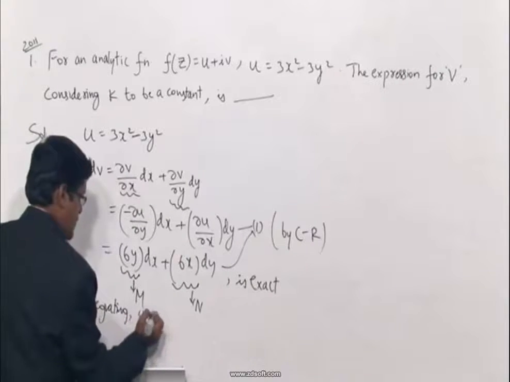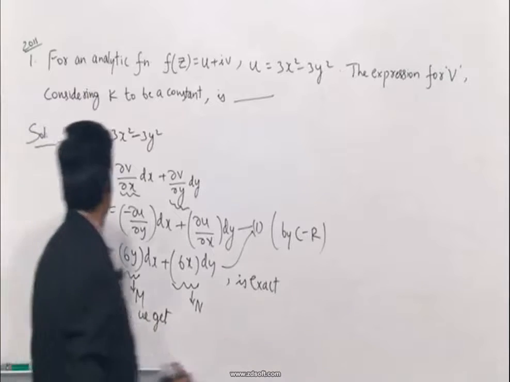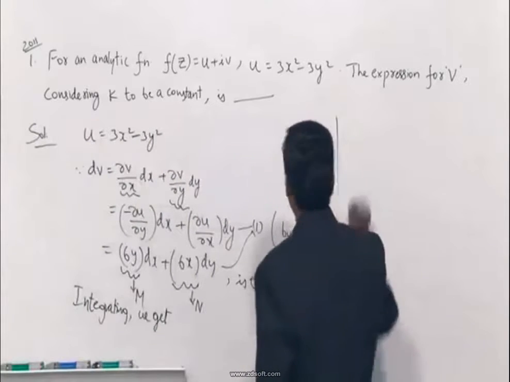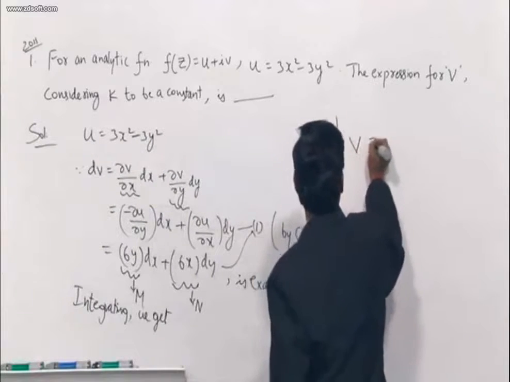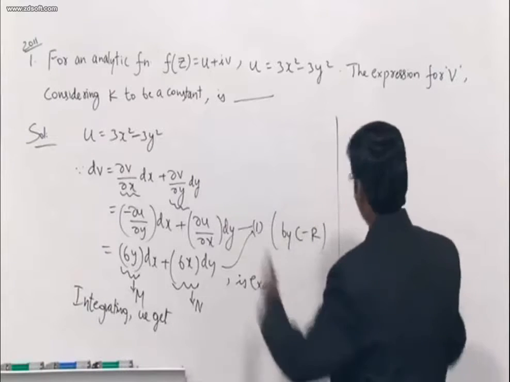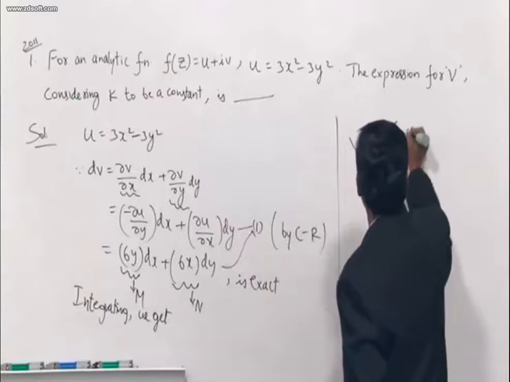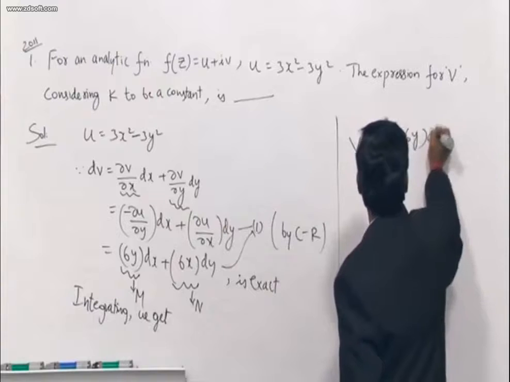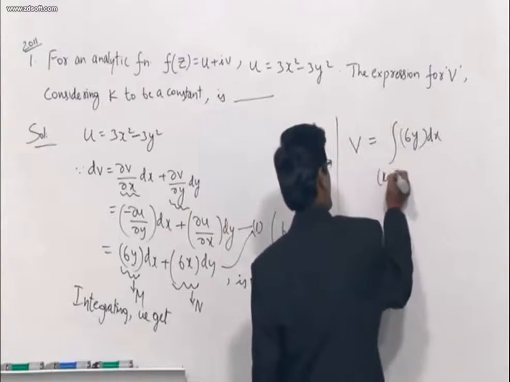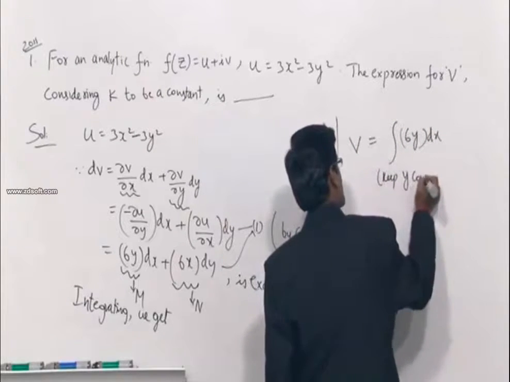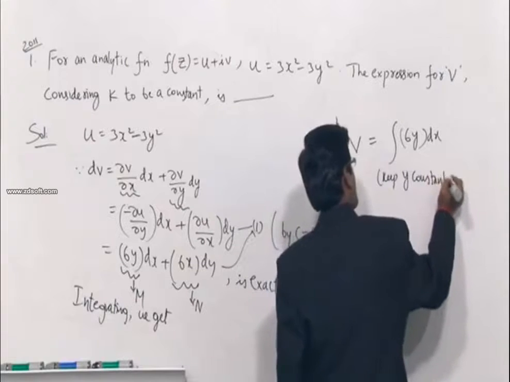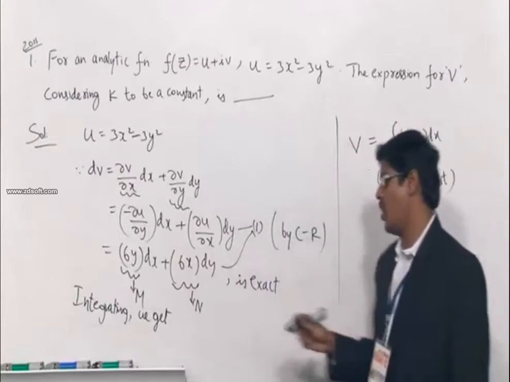Integrating, we get, on the left side the derivative d is cancelled after integrating, which gives v. Right side, integral of m dx, that is 6y dx, keeping y terms constant, plus terms in n not containing x.